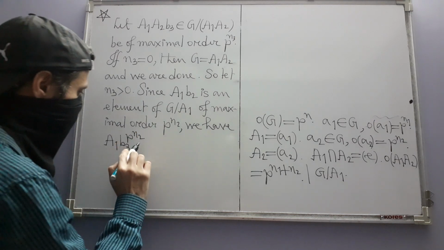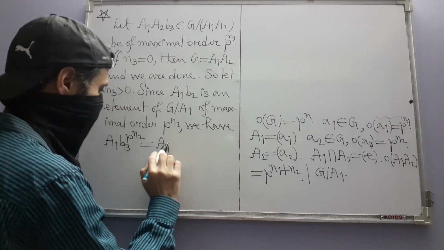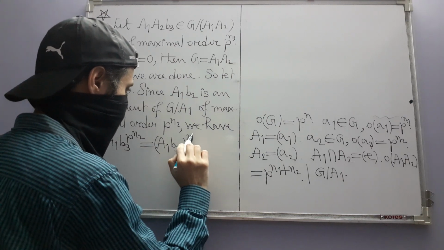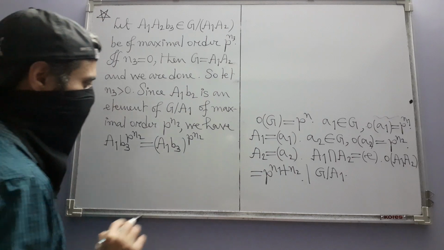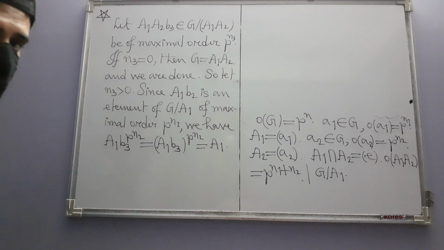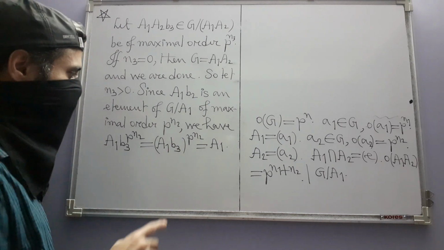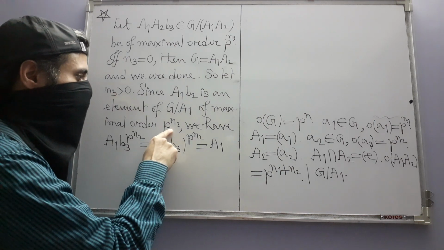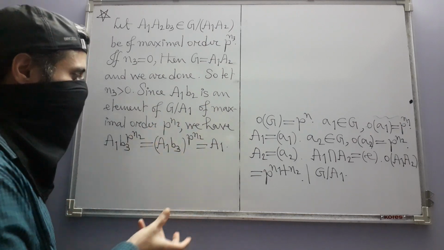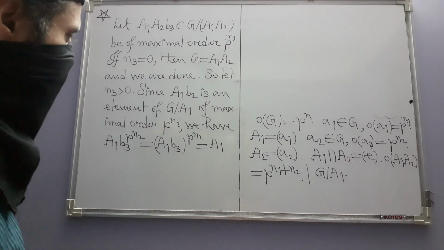Okay, so this becomes A1 b3 to the power p to the power n2. It must be equal to A1. Why is this so? We have already discussed this in the previous video itself. If you take the maximum possible order as exponent and form a power of any element of your group, that is going to give you the identity element.